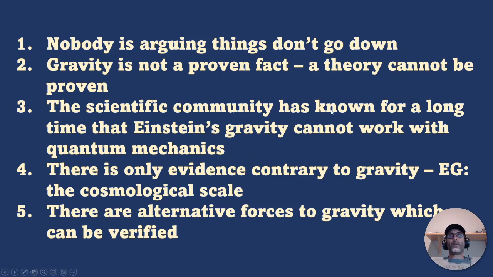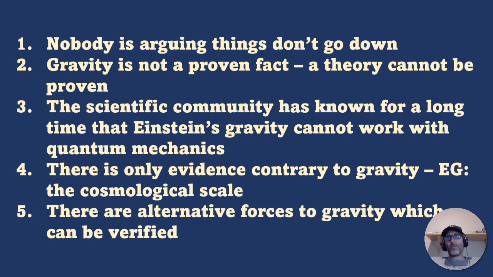The scientific community has known for a long time that Einstein's gravity cannot work with quantum mechanics. Apparently, this is widely known, according to Erik Verlinde. There is only evidence contrary to gravity. Example being the cosmological scale, where gravity should shine the most, right?